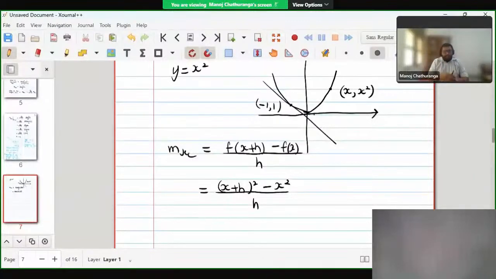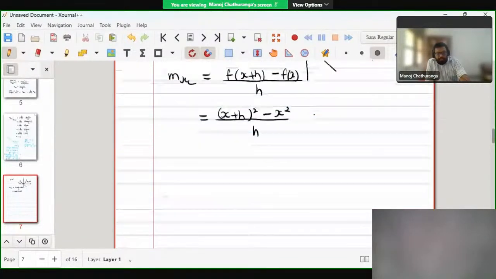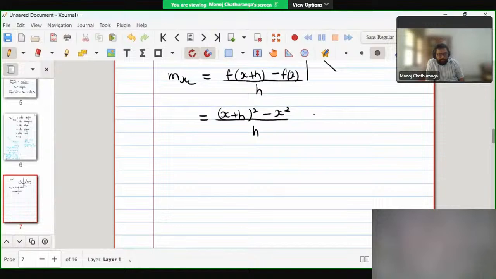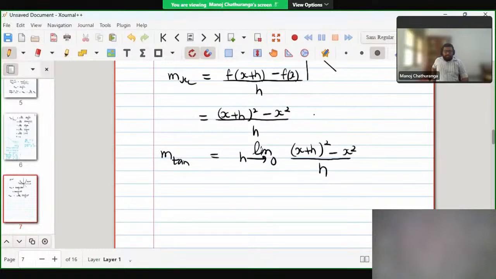Now, the slope of the tangent line is the limit as h goes to 0 of x plus h square minus x square divided by h.